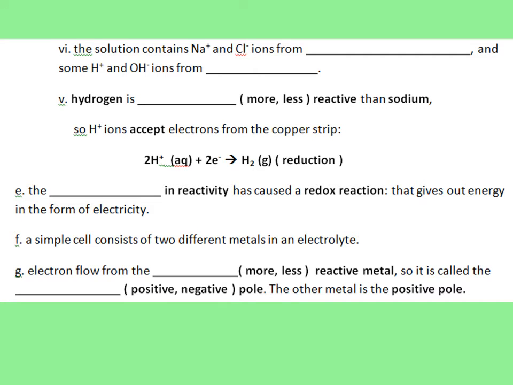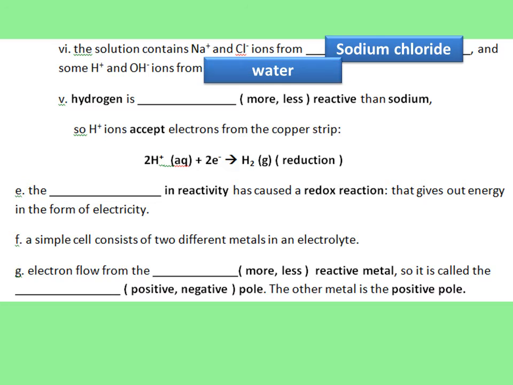The solution contains sodium chloride. The sodium and chloride ions are from the sodium chloride and hydrogen and hydroxide ion are from water. Like what I mentioned, hydrogen is less reactive than sodium. So hydrogen ion will receive electron from the copper strip and become hydrogen gas.